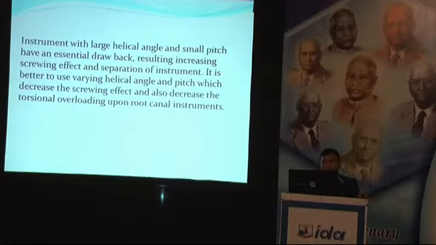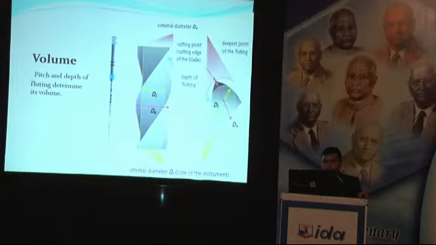An instrument with a large helical angle and a small pitch has an essential drawback, resulting in an increased screwing effect and separation of the instrument. It is better to use varying helical angle and pitch, which decreases the screwing effect and also decreases the torsional overloading upon the root canal instrument.